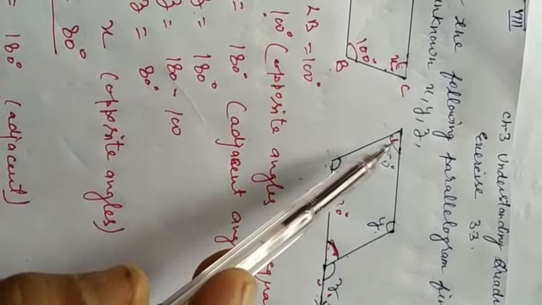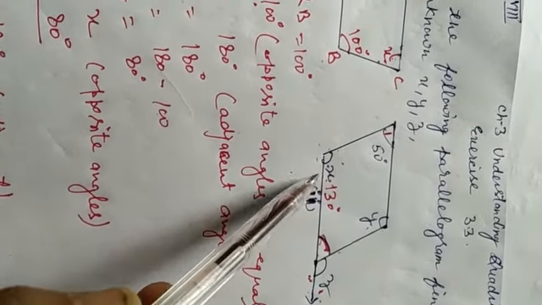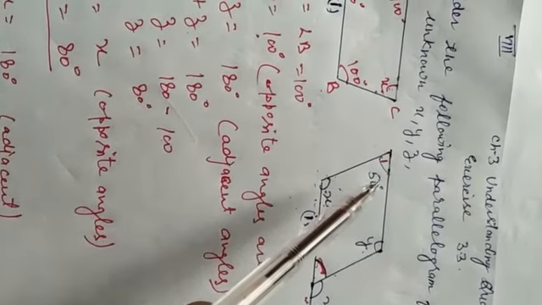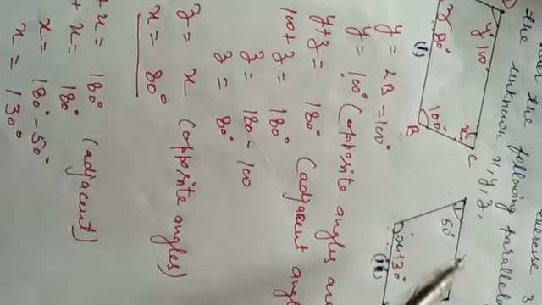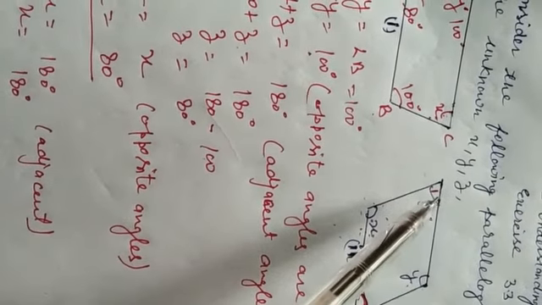Now come to the second figure. Here this angle is given as 50 and we have to find this x, y and z. First of all we will find the value of x, because angle 1 and x are adjacent. I have called this angle angle 1.